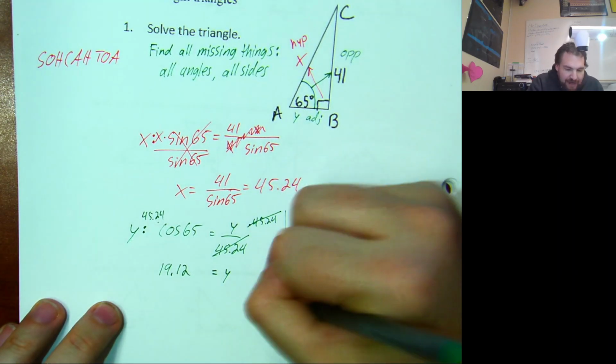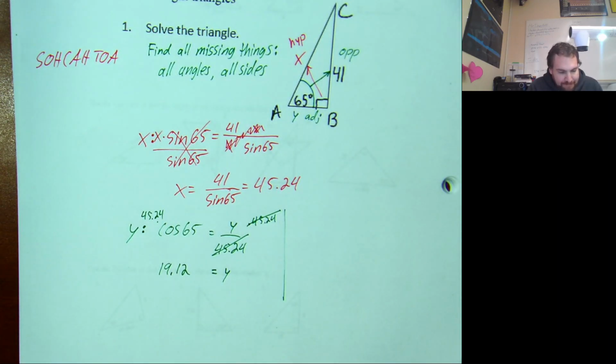Is that the only way I could have found y? No, there are two more ways, Carolyn claims. What is one of them? I could have used tan.